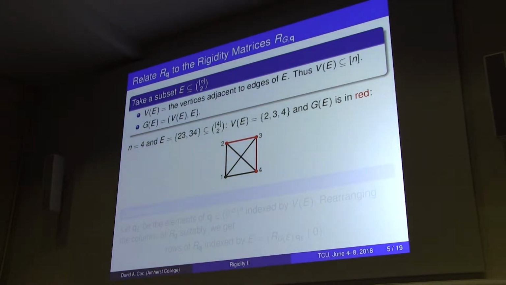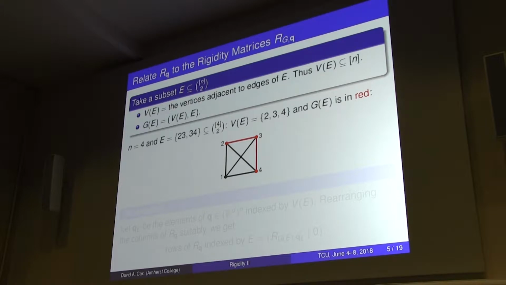I could just regard that as a subgraph, my n vertices with those edges, but I want to be a little more clever. I want to take the most efficient set of vertices for this set of edges. So I simply take the vertices adjacent to edges of E. That's what I call V of E. And then G of E will be the graph with those edges and this very efficient set of vertices.